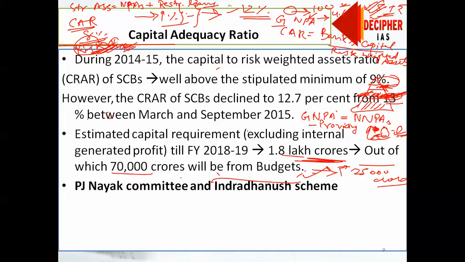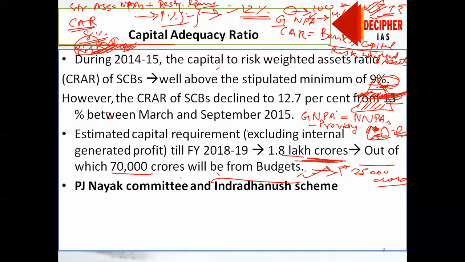The other point the Indradhanush scheme says is that the position of MD should be separated from the position of chairman. The appointment of the senior positions in the banks has to be by the bank board bureau, in which the government's interference should be very less, and there should be transparency and accountability.